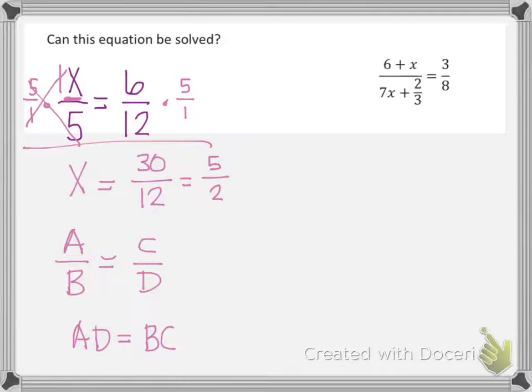And we call this means extremes, or if your parents are helping you, you'll probably hear them say, well, that's cross multiplying. Well, that's what we used to call it, but cross multiplying is kind of confusing, because we're really not multiplying these equations, but we're using multiplication to come up with an equivalent expression.